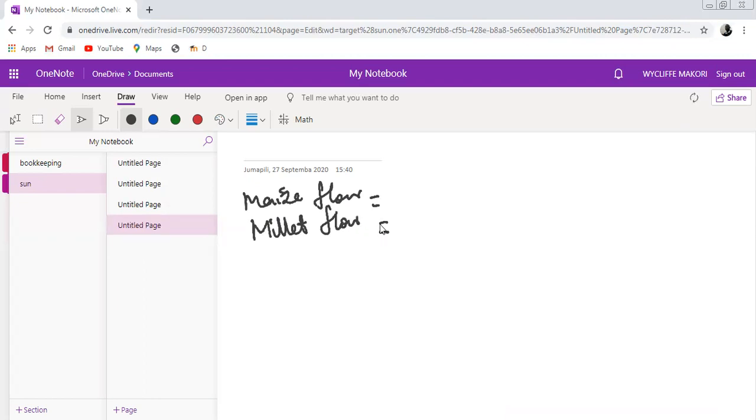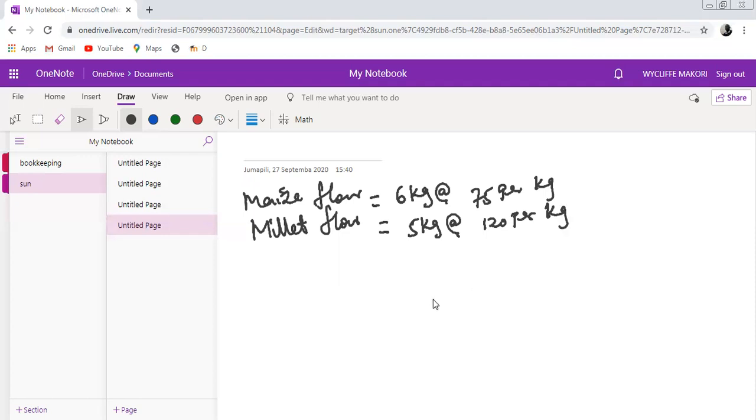The maize flour is 6 kgs at 75 shillings, and this one, we are mixing 5 kgs at 120 shillings per kg. That is the question.